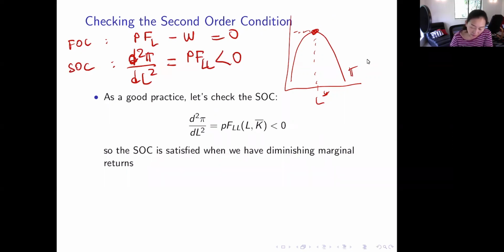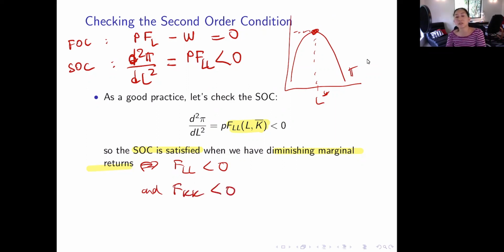And we know that this is automatically satisfied, because F_LL is negative due to the diminishing marginal returns. If we have diminishing marginal returns, we automatically have this SOC condition, because the price is always positive. So for this to be negative, F_LL has to be negative, which is equivalent to saying F_LL is negative and F_KK is also negative. That's diminishing marginal returns.